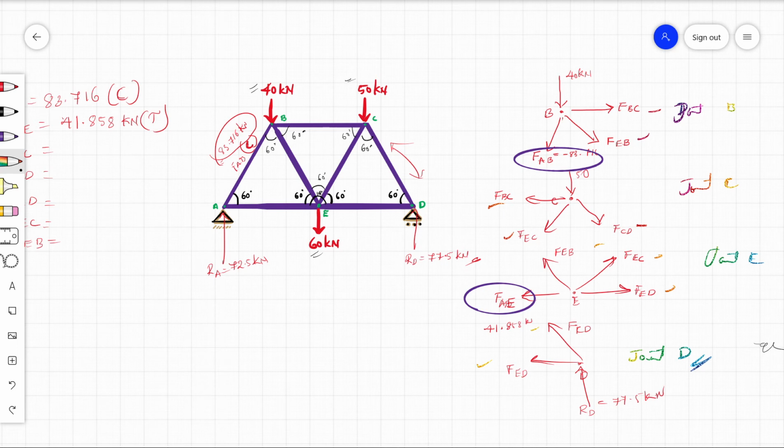In order to avoid that, I am using this method. First, let us solve the easiest one and get the respective values, because if I solve joint D first, I get to know the value of FCD as well as FED.